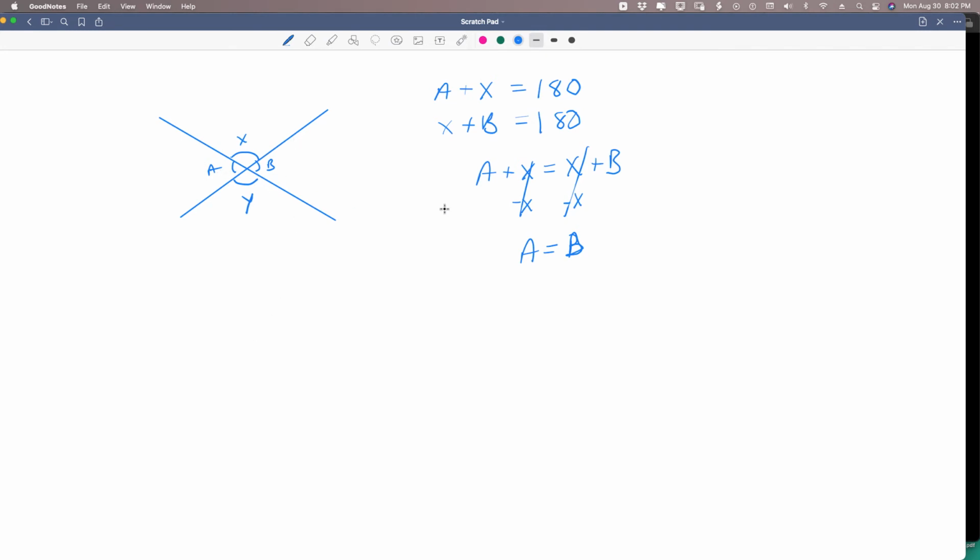Without even doing any real math, we prove that those two angles are congruent.